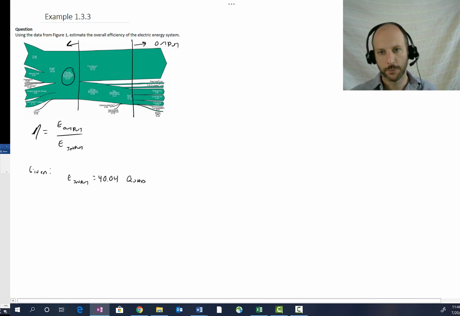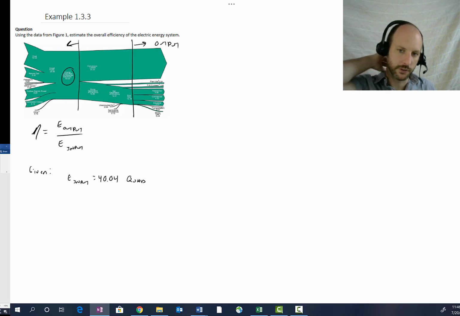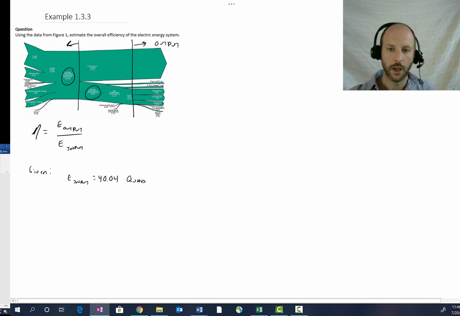So now we need the outputs, which as I said earlier, are the arrowheads. This one doesn't have a nice little summary for us to use, but broadly what's happening is of the energy generated, a lot of it's just lost in waste heat. That's that big arrow at the top. And then we get what we call gross energy generation.